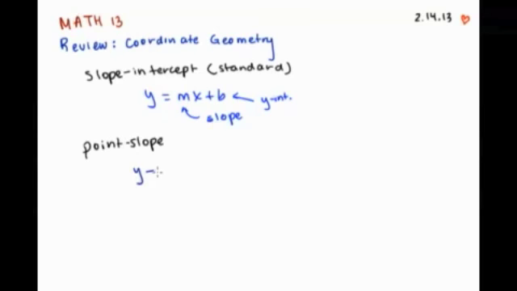So point slope reads y minus y1 equals the slope times x minus x1, where y1 and x1 are coordinates, and m is the slope. These are your two forms that you're going to have to know and memorize.